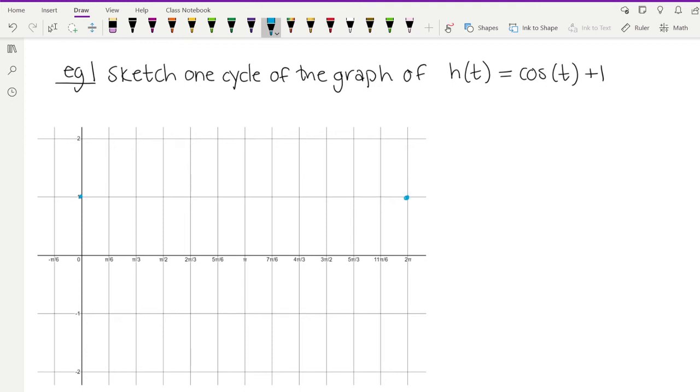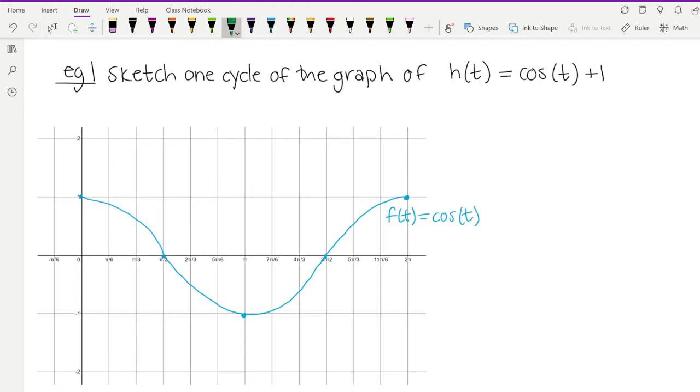That's up at a height of 1. And then it hits its minimum halfway between those, so that's at pi. And then it goes through the x-axis, or the t-axis, halfway between those. And so our graph is going to look like this. So this is our original function that we're transforming. This is just f of t is equal to cosine of t.